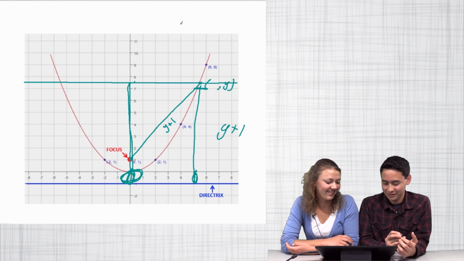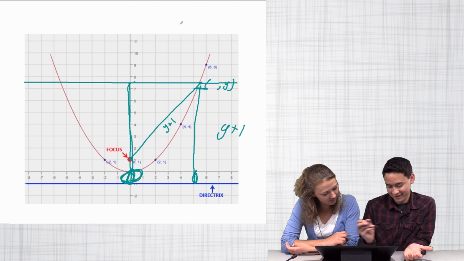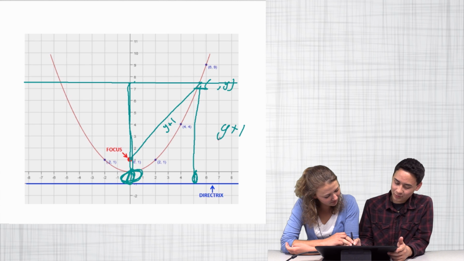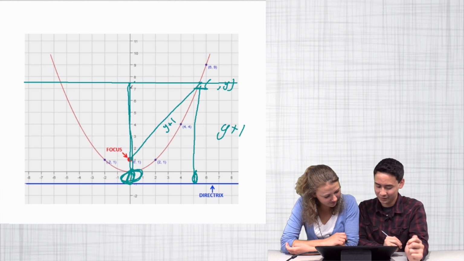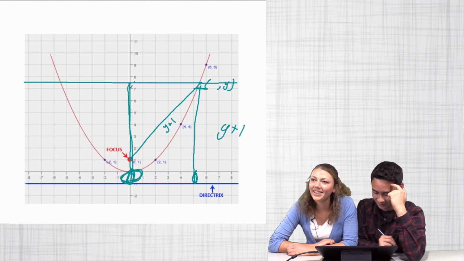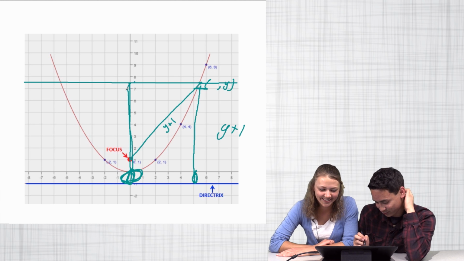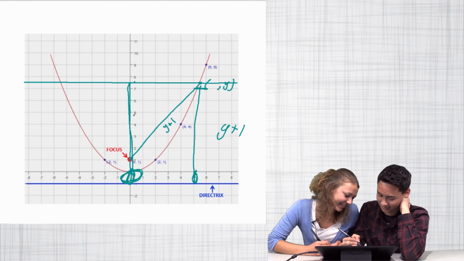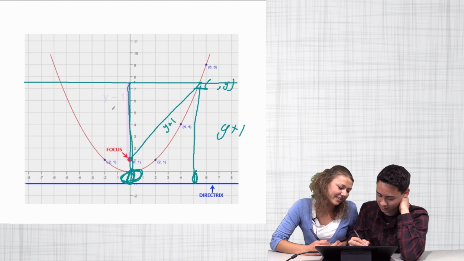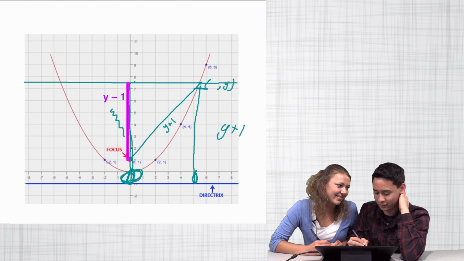Okay. So our y plus 1. Okay, so we have... oh no, I don't. You don't got it? He kept saying he's got it, but he doesn't got it. What are you trying to find, Keone? This, y minus 1, the units here.